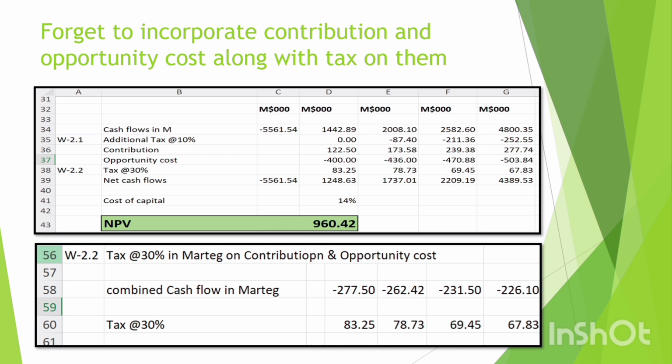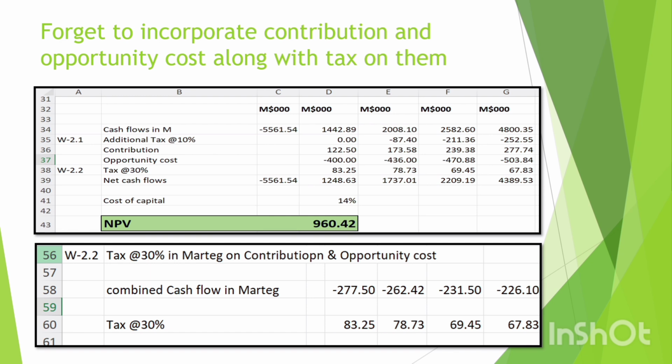For example, company A sells goods at 10 rupees outside, but sells to company B at 8 rupees. So in this case, we have to adjust the variable cost, and also we have to adjust the contribution and opportunity cost here. So please make sure that you are correctly adding the contribution and opportunity cost here.